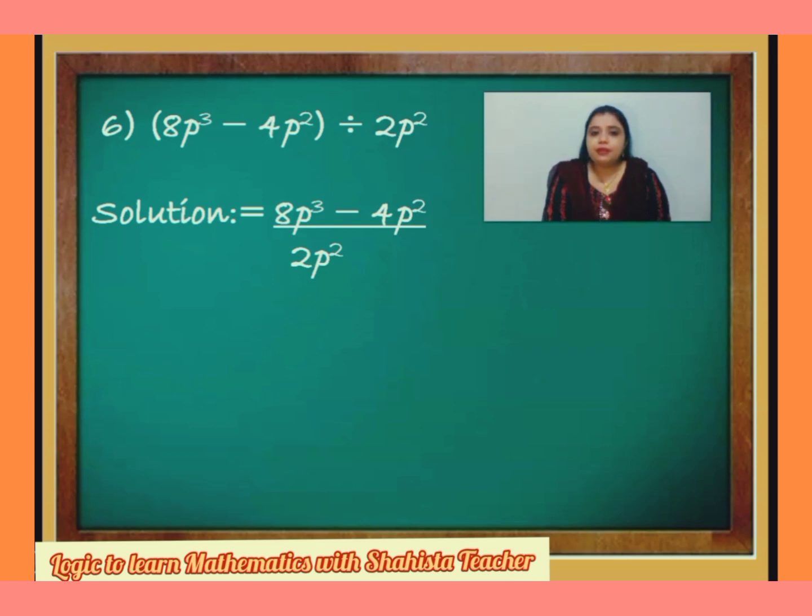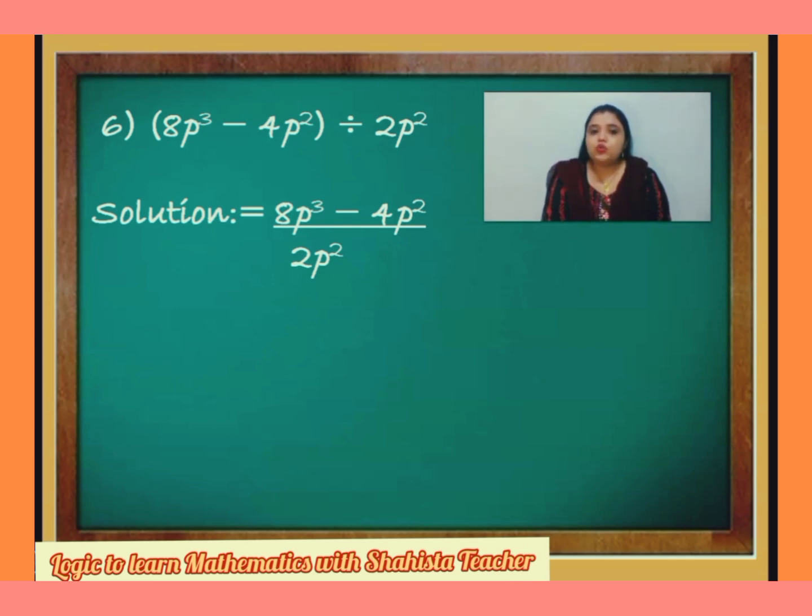So the number that divides 8p cube minus 4p square is 2. So here we will divide the numerator by 2. Keep 2 outside the bracket, because 2 fours are 8 and 2 twos are 4.